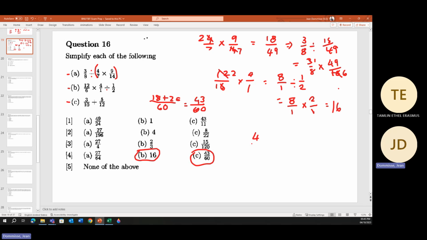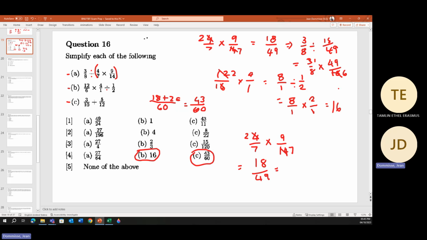Okay, so let me just look at that again, to see if I didn't make a mistake. So 2 goes into 4 twice, 2 goes into 14 seven times, so that is 18/49.